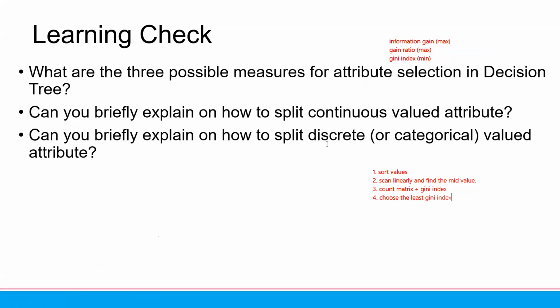How about splitting discrete or categorical values? If you use the continuous value, you need to sort the values, scan linearly and find the mid value. But for the categorical value, you just need to make the count matrix.